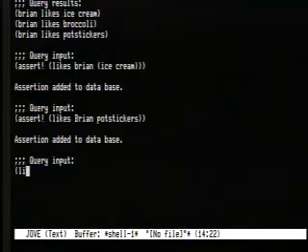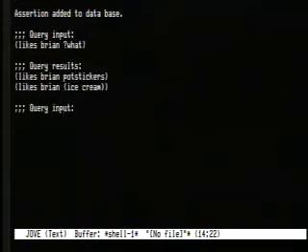And now I can say likes Brian what? And I find out about both pot stickers and ice cream because now all the likes assertions are lists of 3 elements. So I can just fill slots, and if I have a 2-word name like ice cream, I just use a sentence, a sublist basically of the assertion for that slot.